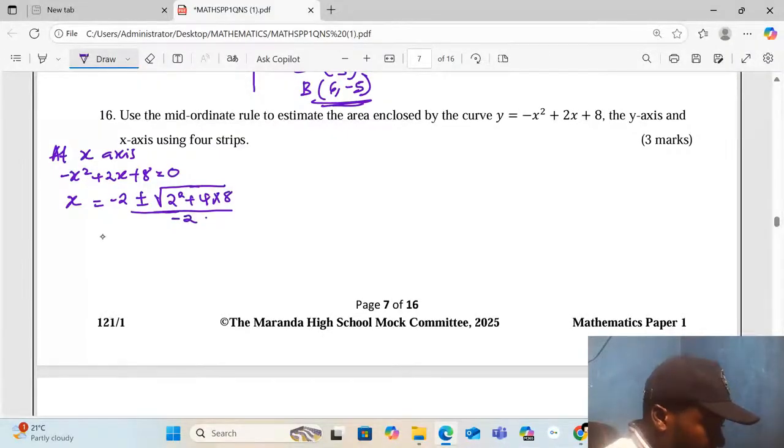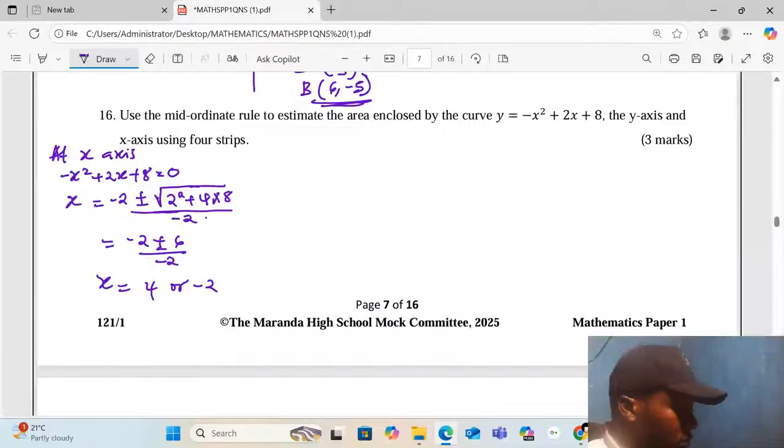So we shall have negative 2 plus or minus 6, divided by negative 2. So our values of x will be 4, or x is going to be negative 2.